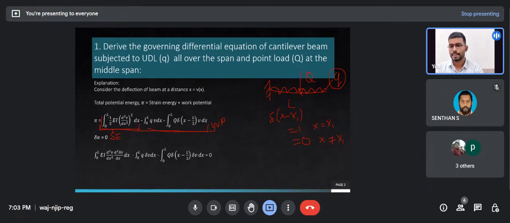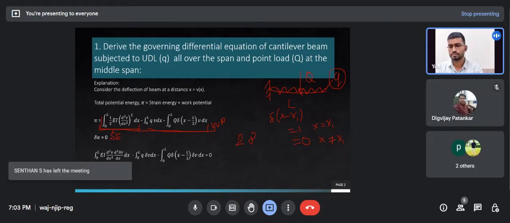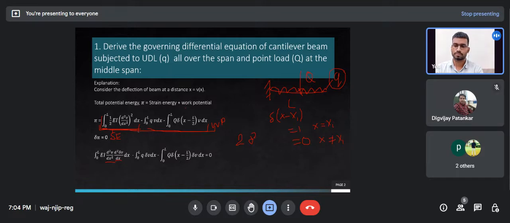Here we can write half EI, and when you take the derivative of these functions, 2 will come, that will cancel the half, and then the second derivative of v terms will come, and then the derivative of delta v will come. This is the derivative of the strain energy, and similarly I have taken the derivative of the work potentials. This is how the derivative will look, and this should be equal to 0.